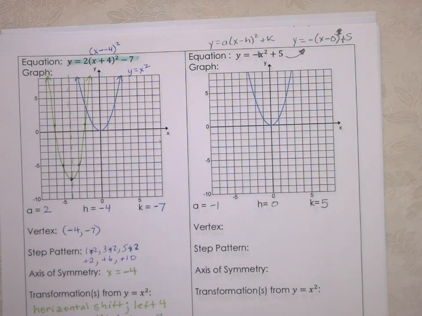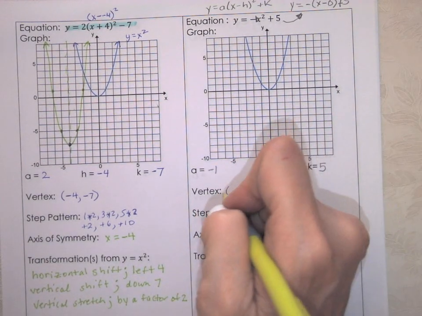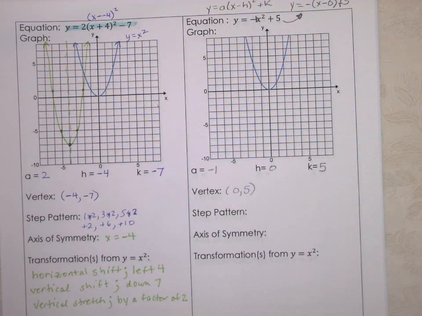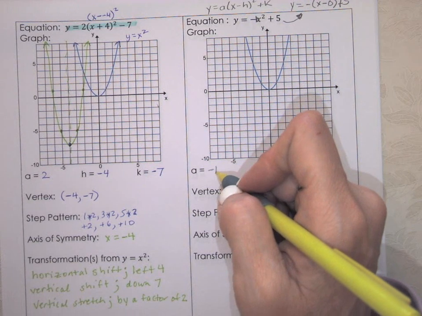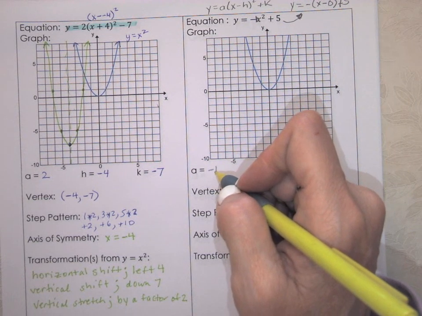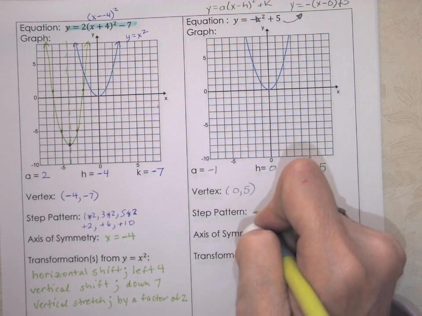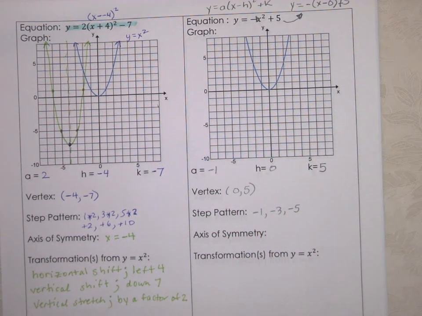And remember, our vertex is (h, k), so in our case, our vertex is (0, 5). And our step pattern, so a is -1 now, and that means we multiply 1, 3, 5 by -1, so that's just going to make it -1, -3, -5. So it's going to have the same shape, but it's going to open downwards. That's what that -1 is going to do.